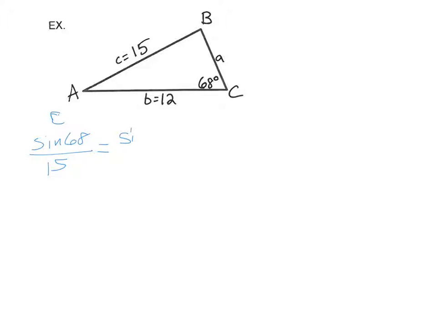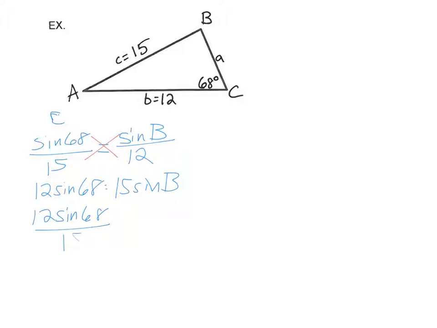Sine of angle B, which we don't know, over side B, which is 12. Cross multiply, 12 sine 68 equals 15 sine B. Then go ahead and divide both sides by 15. 12 sine 68 over 15 equals sine B.